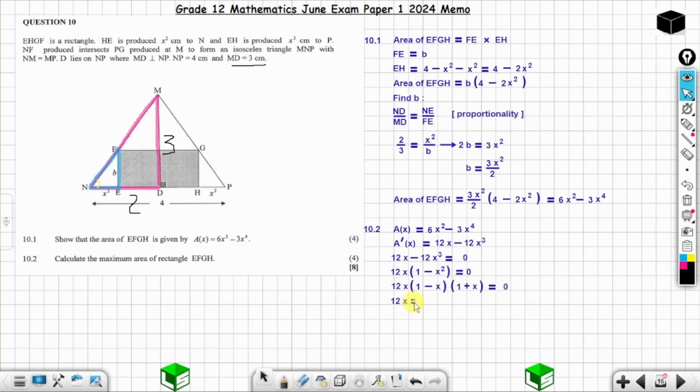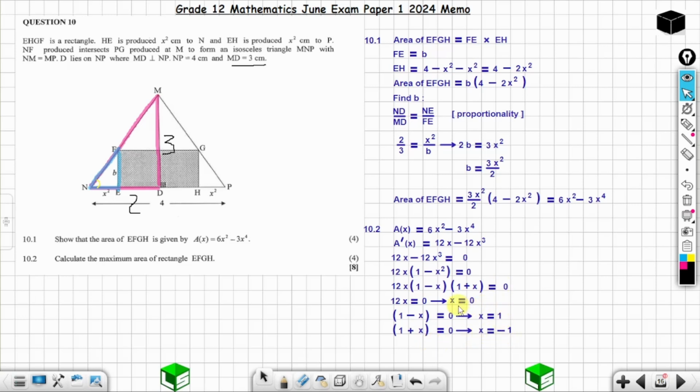Now 12x is equal to 0, so x is equal to 0. You divide by 12 on both sides. You have x is equal to 0, and you have 1 minus x is equal to 0, so x is equal to 1, and you have 1 plus x is equal to 0, and x is equal to minus 1.